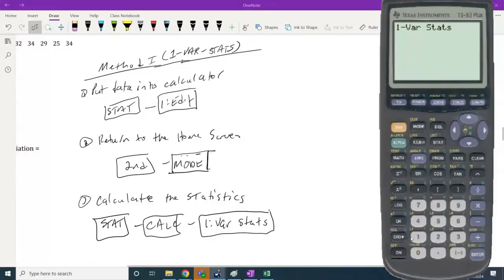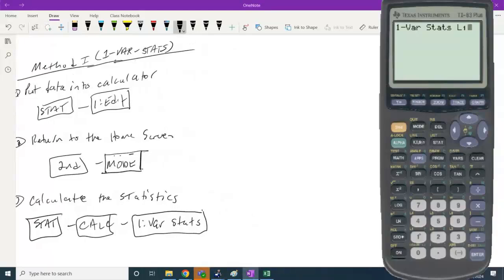If you look close at your calculator, above the number 1, there is a list 1 and it's yellow. I can recall list 1 by pressing second and 1. So you have to tell your calculator which list you want it to perform these statistics.